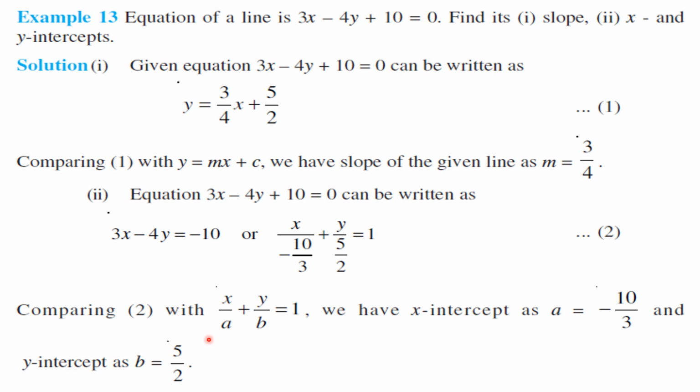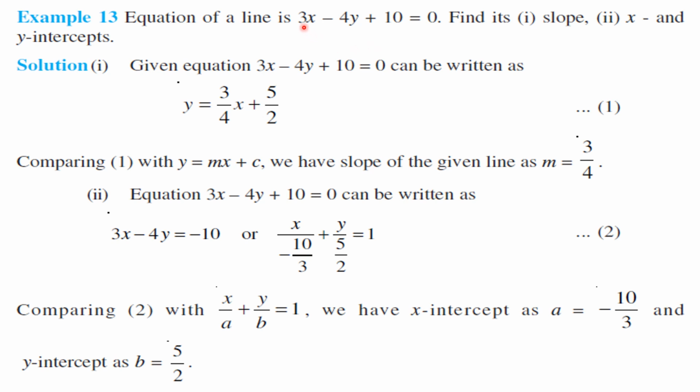Now, let us take an example to understand this concept well. Here, an equation of a line is given. See this example. The equation of a line is 3x minus 4y plus 10 is equal to 0. If you observe this equation, this is a general equation of a line. In a general equation of a line, the terms will be in this order.